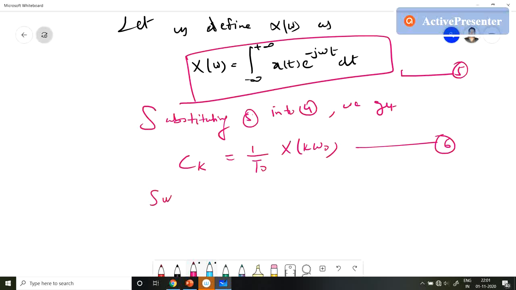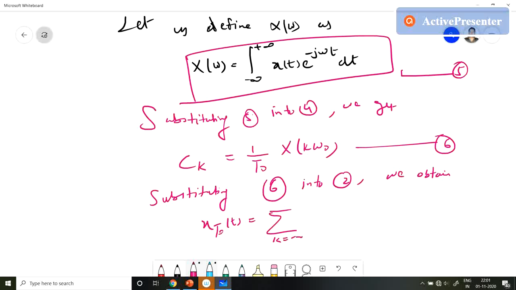Now substituting 6 into 2, we obtain x_T0(t) is equal to the summation from k equals minus infinity to plus infinity of 1 divided by T naught times X(k omega naught) e raised to the power j k omega naught t.